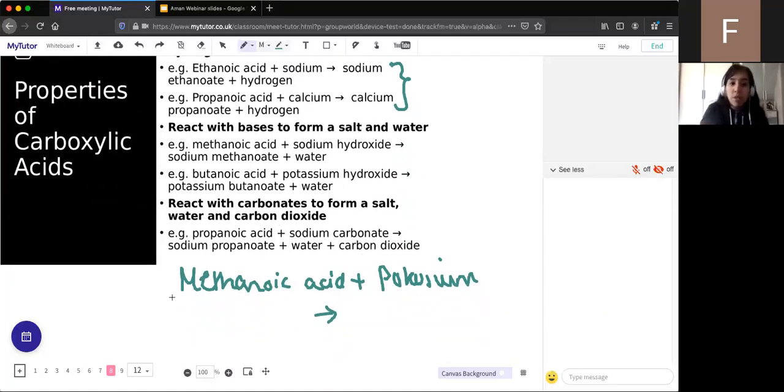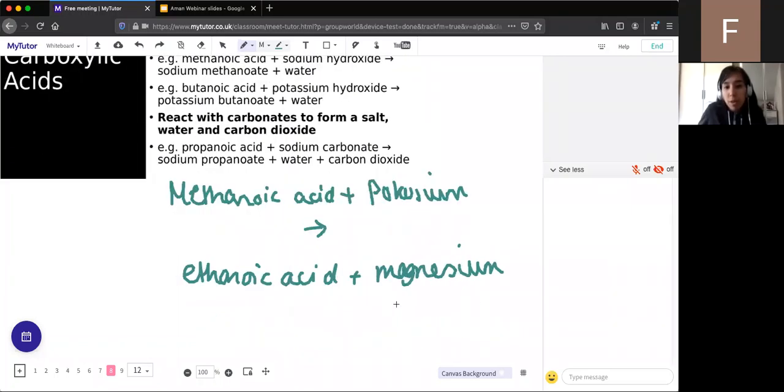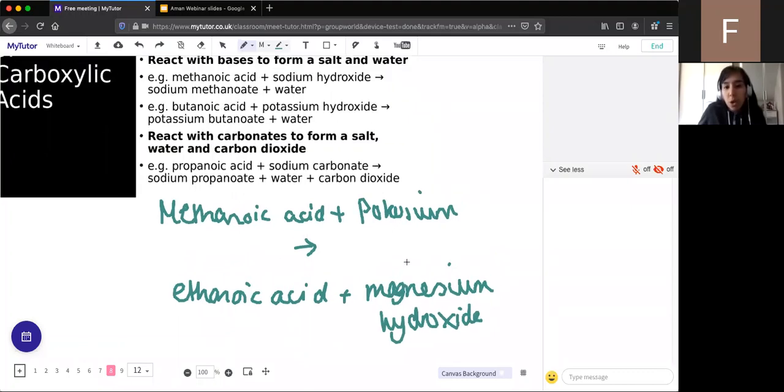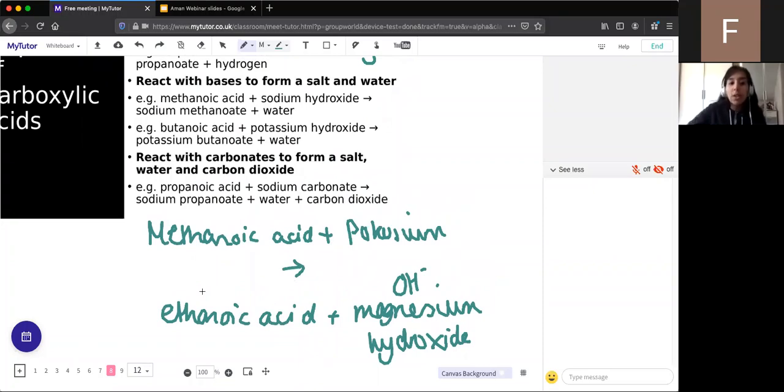So what if I said we had ethanoic acid plus magnesium hydroxide? What would be produced? Remember, the hydroxide makes it alkaline. It's got that OH minus. So the OH makes it alkaline. In ethanoic acid, we have a H plus, which I'll show you in just a second.